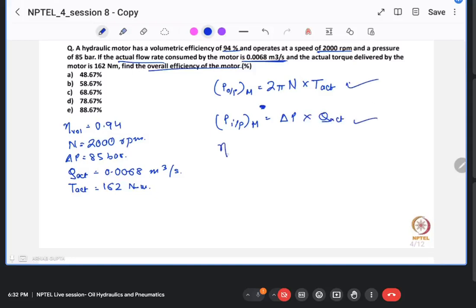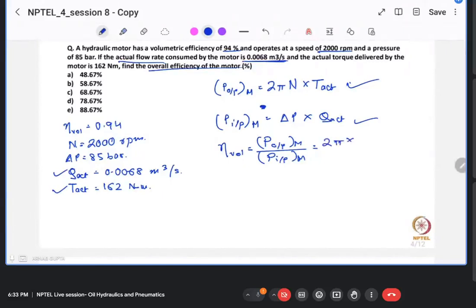Now your overall efficiency is power output from the motor divided by power input to the motor. And you are given this actual value of torque and Q. So 2 pi into n, where n is 2000 revolution per minute. To convert into SI, you have to convert to seconds.